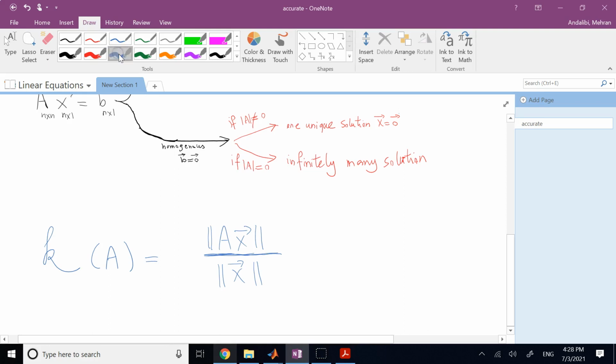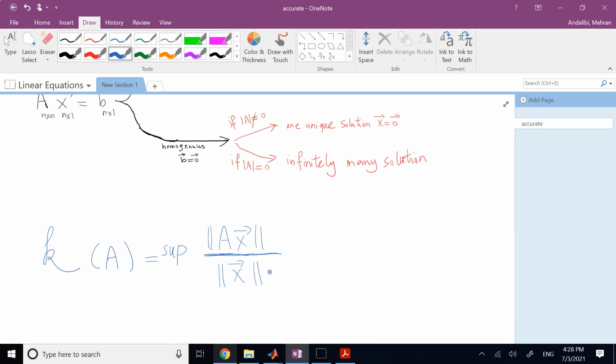So in mathematical books, they use the supremum of this, but I'm just trying to tell you simpler. It's the maximum value that this ratio can take by changing x to any arbitrary x and then seeing which one can be the max.